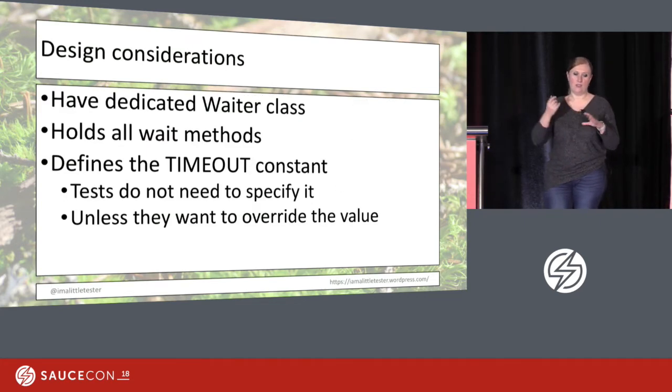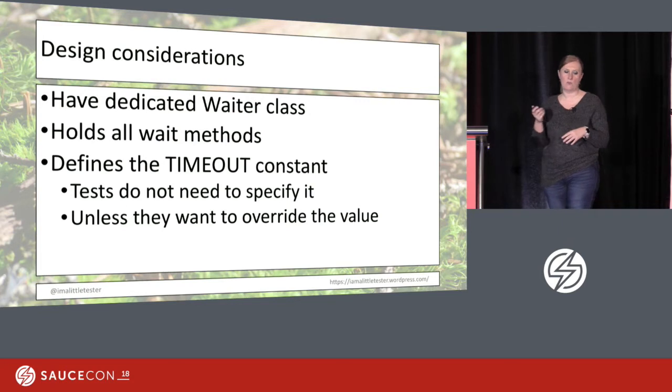For me, my design considerations are something like I have a dedicated class, let's call it a waiter class, in which I store all my custom wait methods. So I know that I have a class in which I will find all the wait methods that I'm going to need in all my tests. Whenever I encounter something that I need to add to my waits, I will do them by adding them into my waiter class.